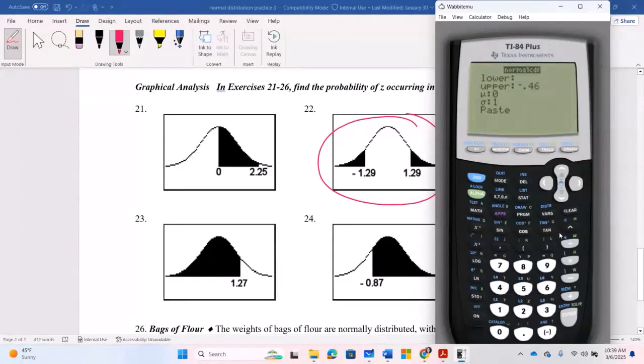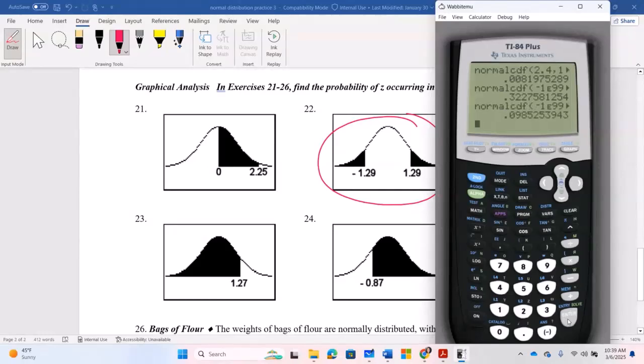The lower bound for area to the left is -1 e to the power 99. The upper bound is -1.29. I'm told to find the area to the left. The mean is 0, standard deviation is 1, and I'm going to calculate.